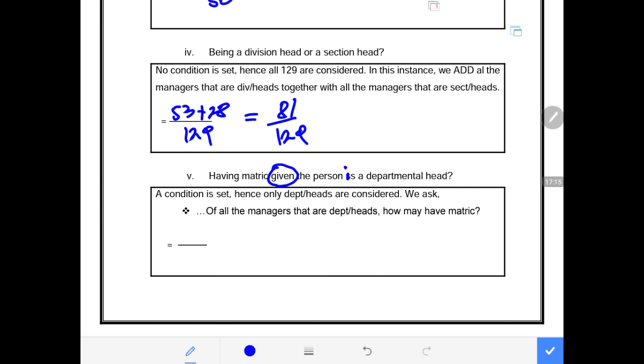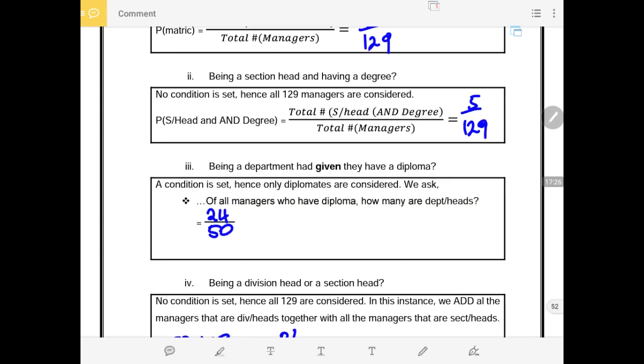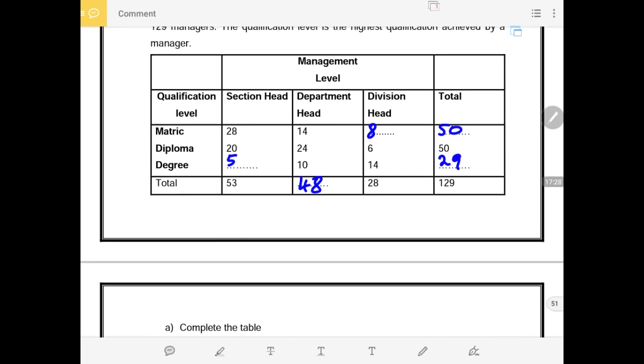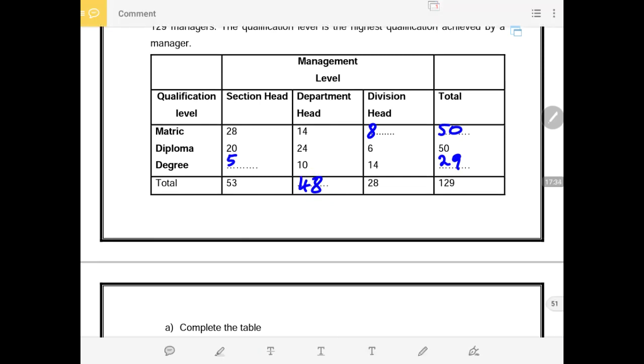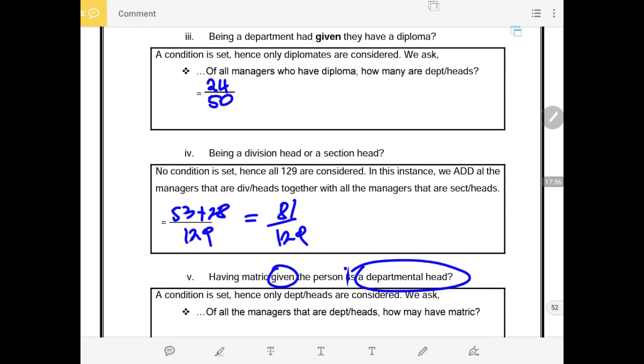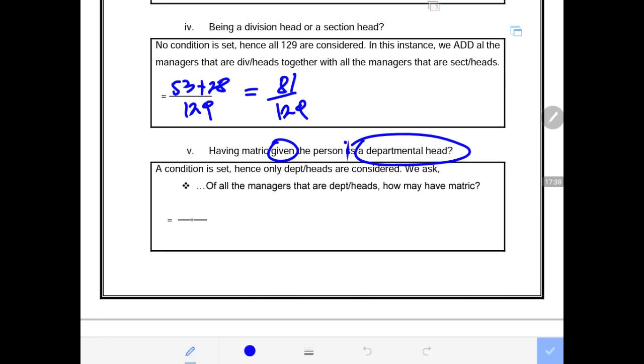Given the person is a departmental head, meaning we divide by the total of what is given. Remember, the total of what is given, meaning we take the total of the departmental head. Department head is 48. So we take the 48 of the department head, we divide by it, because we always divide by what is given.